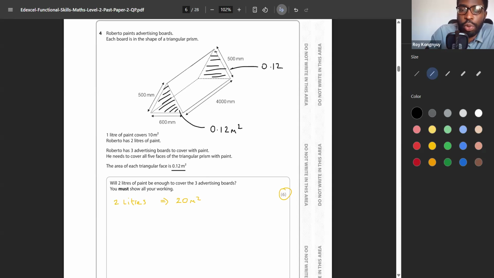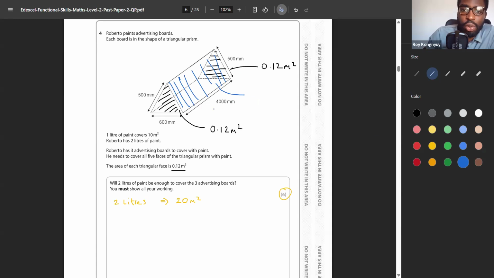So 0.12 meters squared, 0.12 meters squared. Now we have 1, 2, 3 rectangular faces. To find the area of one is simply going to be base times height.